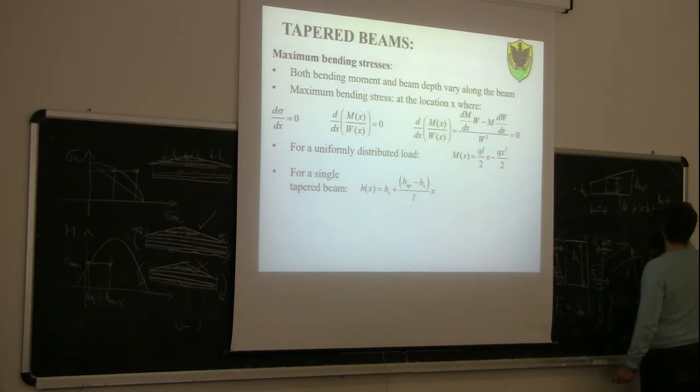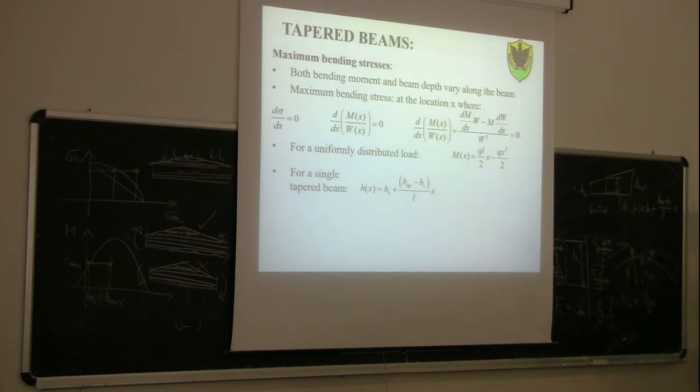Okay? So this is the relationship for a single taper beam of h(x). And then we can write the section modulus of the rectangular cross-section: b times this relationship here squared divided by 6.